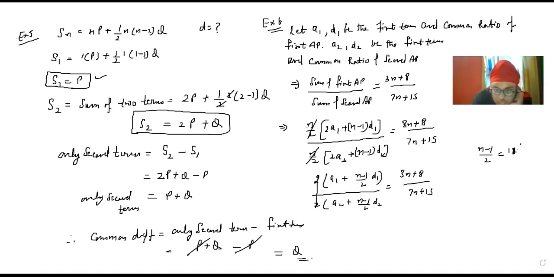I took (n minus 1) by 2 as 11 because I want to find the 12th term. So n minus 1 is equal to 22, and n is equal to 23.